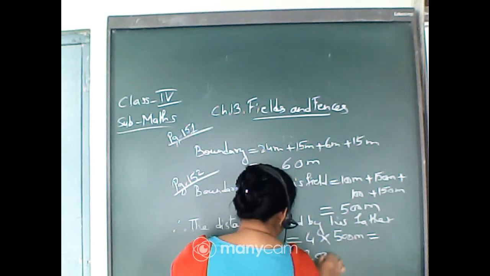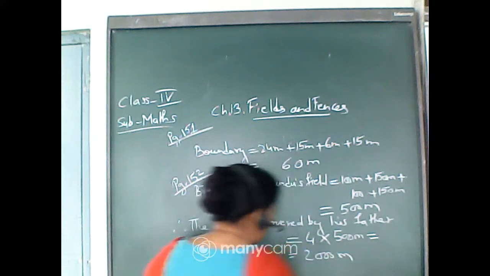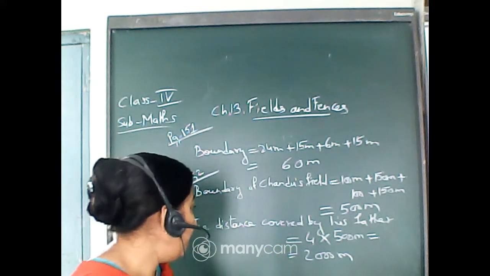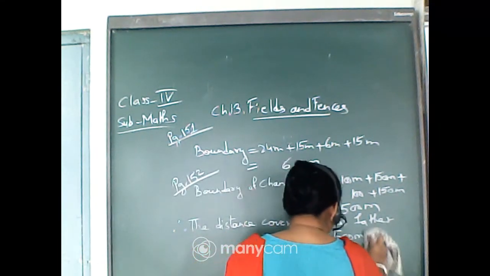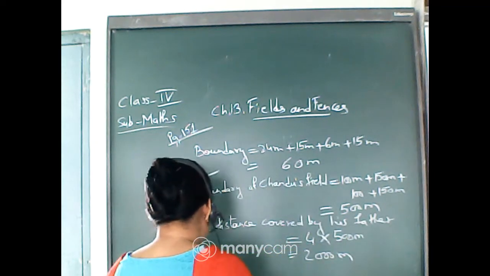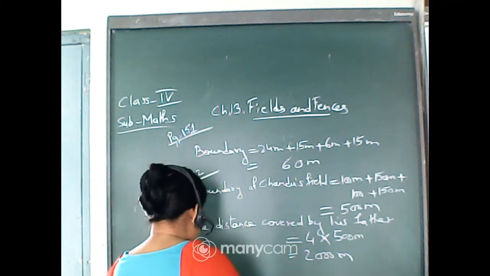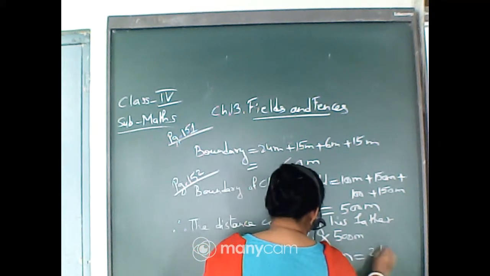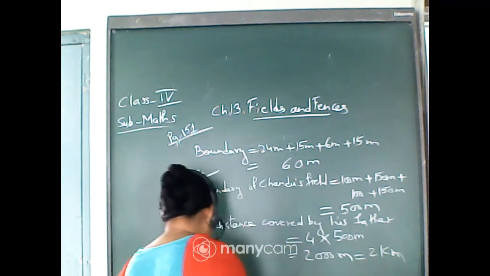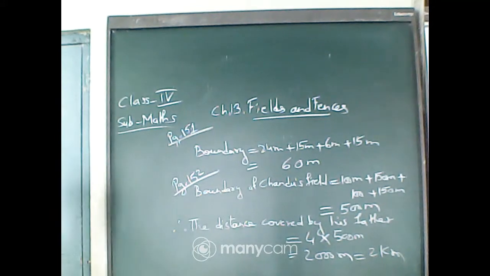So it will be 2000 meter, and as you know 1 kilometer is equals to 1000 meter, that means 2000 meter is equals to 2 kilometers. So you will write the answer 2000 meter or 2 kilometer.